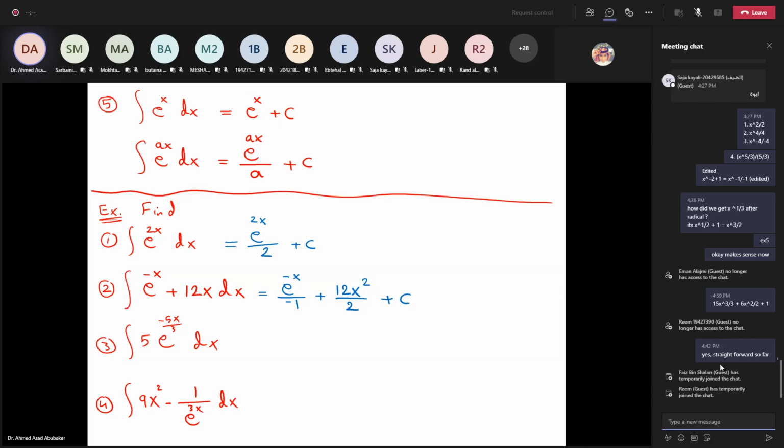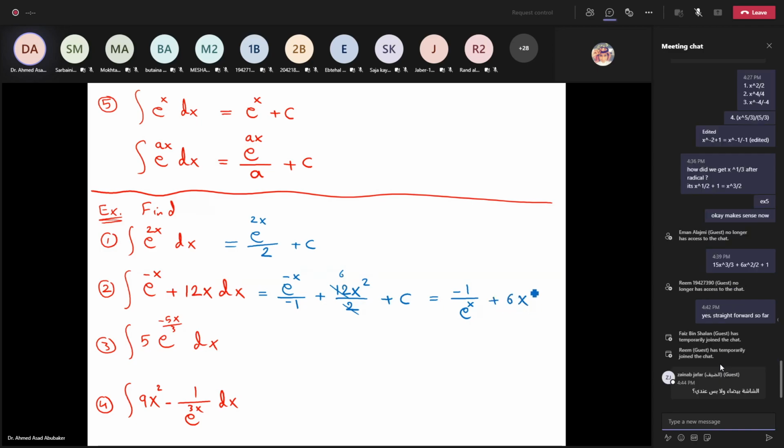So we have negative 1 over e to the x. We need to convert the exponent from negative to positive, and divide 12 by 2, we have 6. So plus 6x squared plus c.